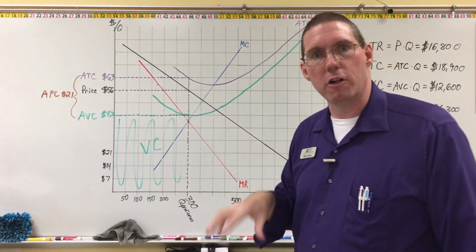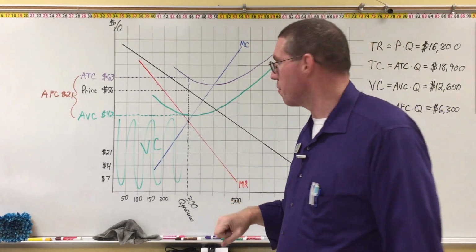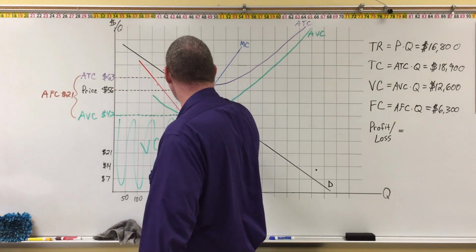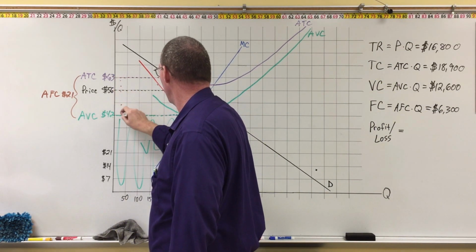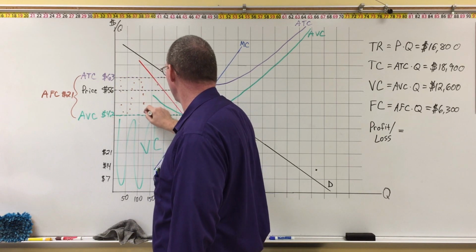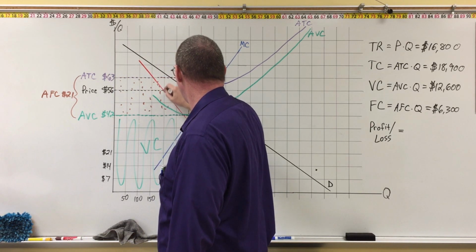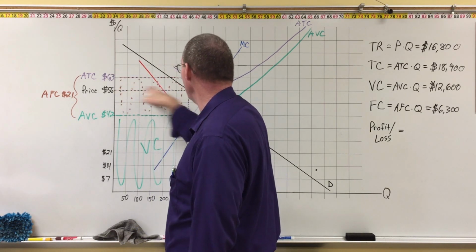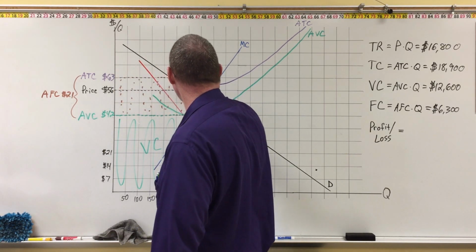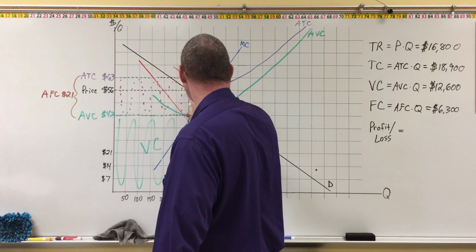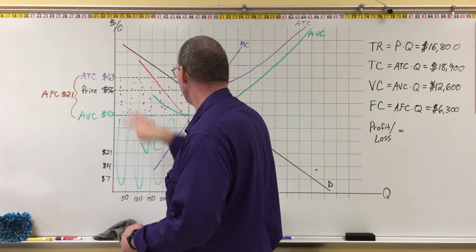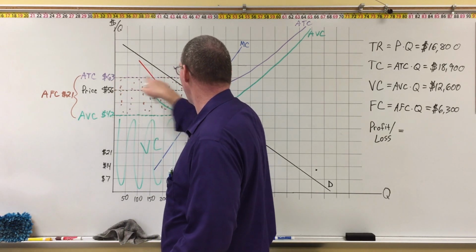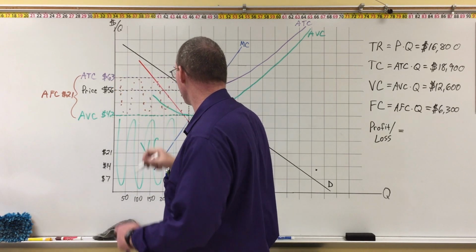This is meaningful for the analysis of this business, but it's important to understand that this larger rectangle here is representing the fixed cost of the company, the whole thing, but it's split into two parts. We have this rectangle up here, and then we have this rectangle down here. But if we ignore that line, this bigger rectangle is the fixed cost of the company.